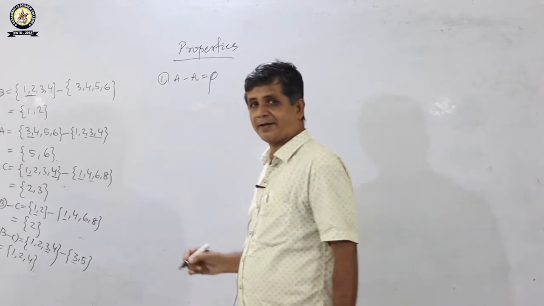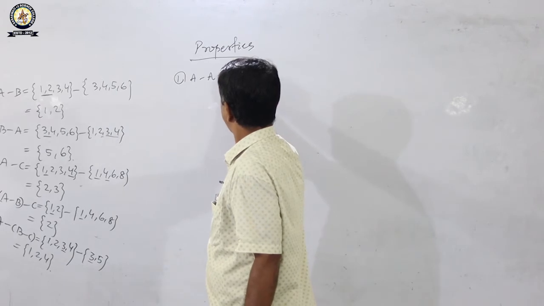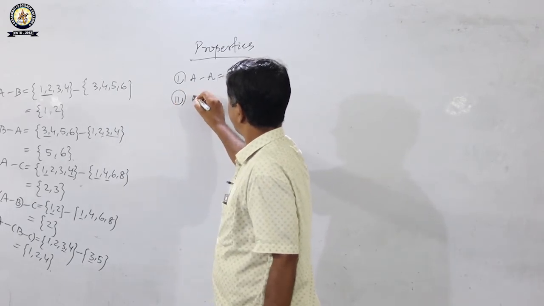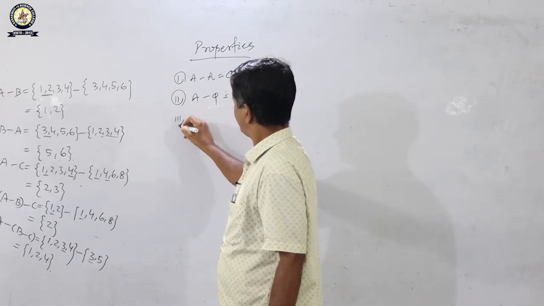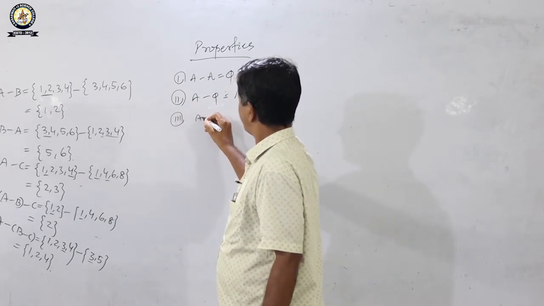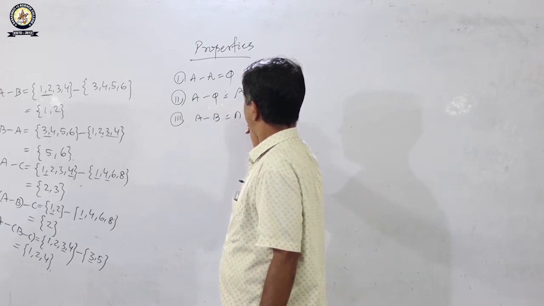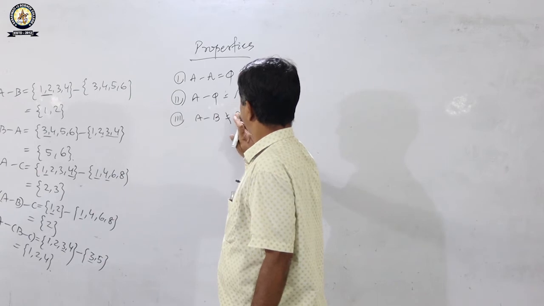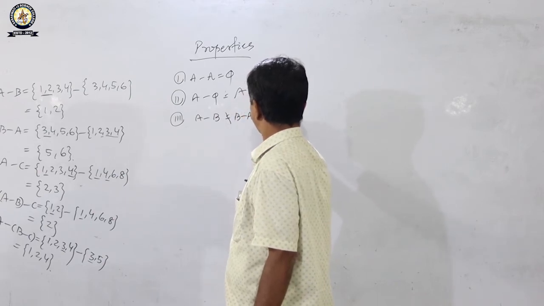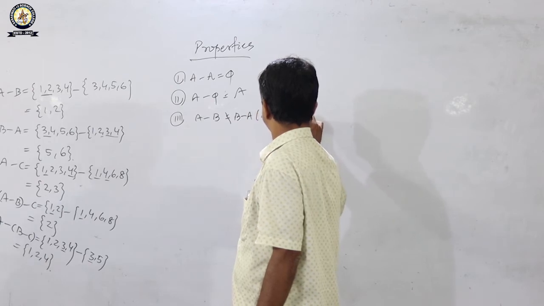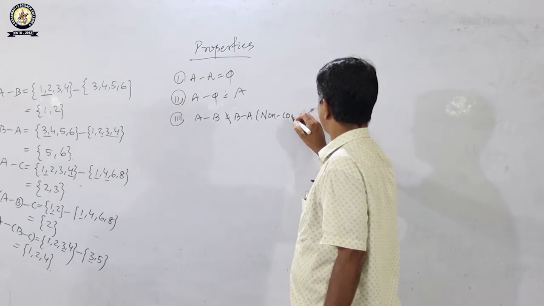This is equal to the empty set. Next, what about A difference the empty set? This is A. What about A difference B? It is not the same as B difference A. It is non-commutative.